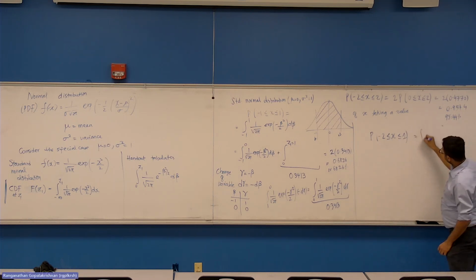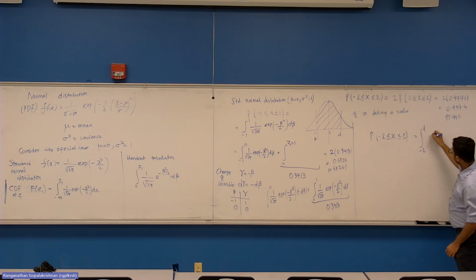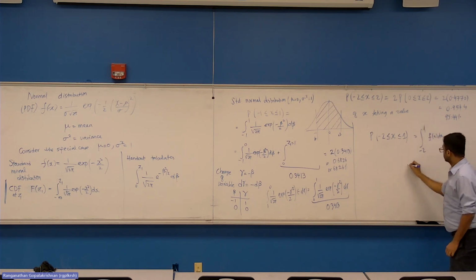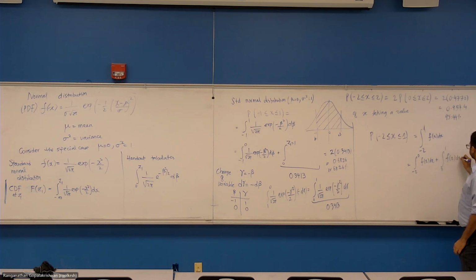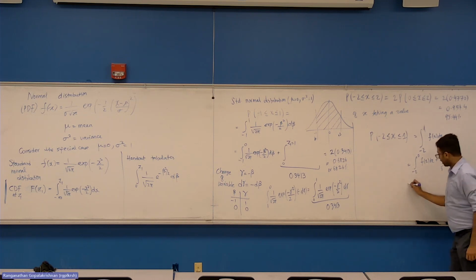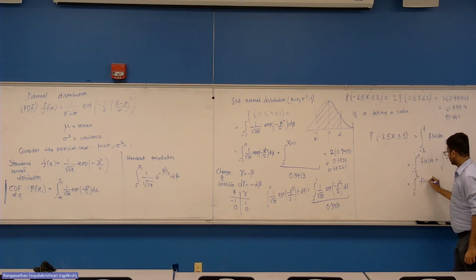This is the integral from -2 to 1 of f of x dx, which I'll split as -2 to 0 f of x dx plus 0 to 1 f of x dx. Are you with me so far? This you can write as equal to 0 to 2 f of x dx.